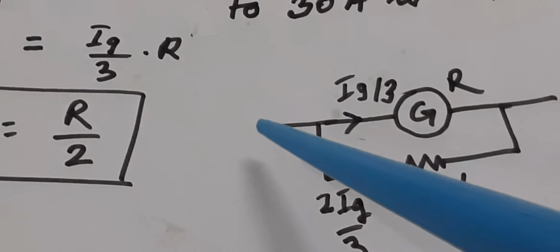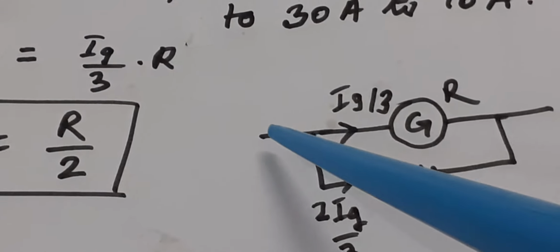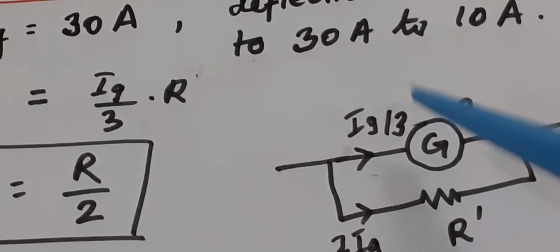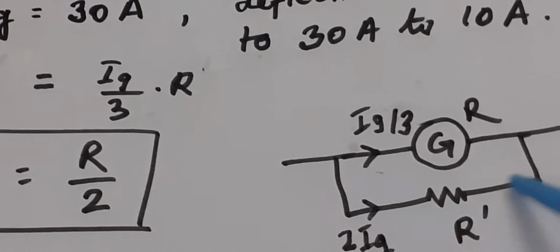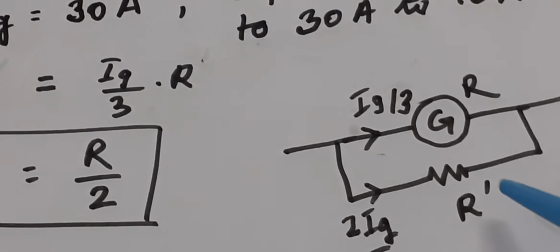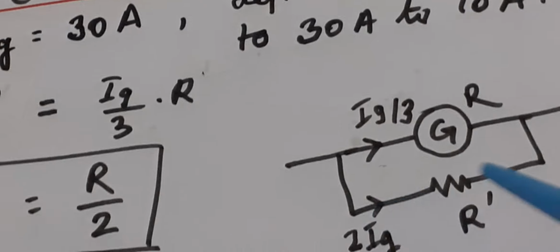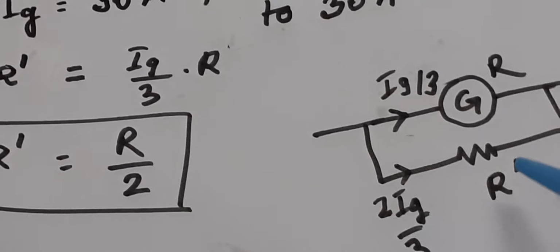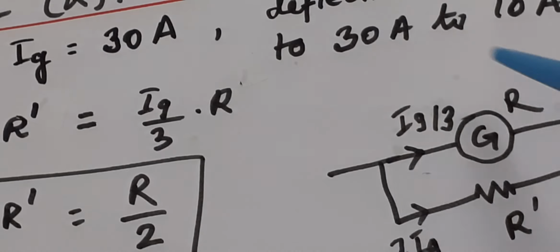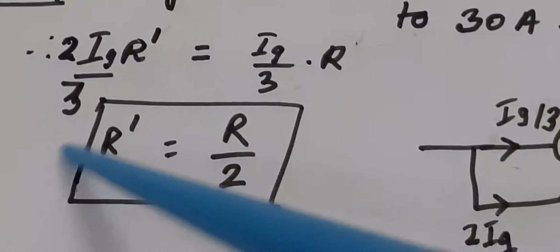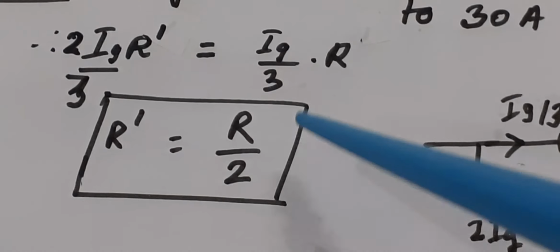If current was coming here as Ig, now if you want to decrease this range, then divert the current in this direction, that is R dash, the resistance. So this current will be 2/3 Ig into this resistance, which is equal to Ig/3 into R. Very simple logic. Potential drop will be the same because they are parallel, so R dash will come R/2. You have to know the idea only.